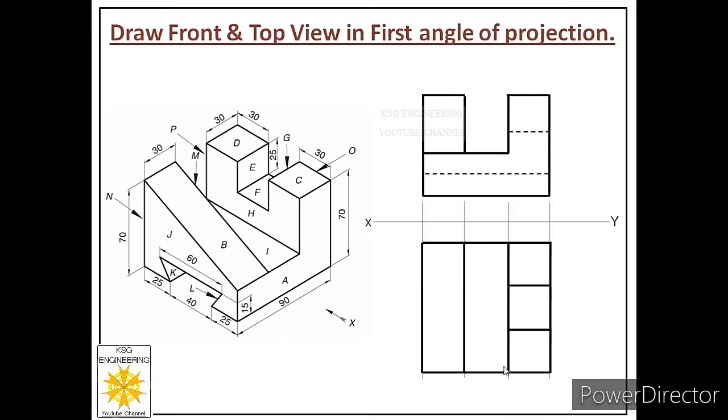This is the backside because the observer is on this side. From the backside I will measure 25 millimeters and come somewhere over here. And from that point we will sketch this edge. This edge will be hidden from the top. So from that point we will sketch a dash medium line up to the complete length. So we are ready with this edge.